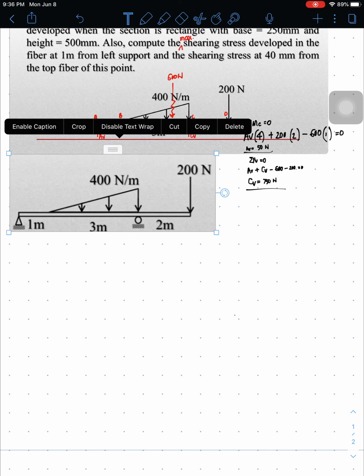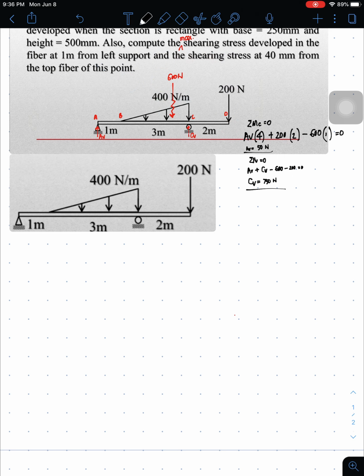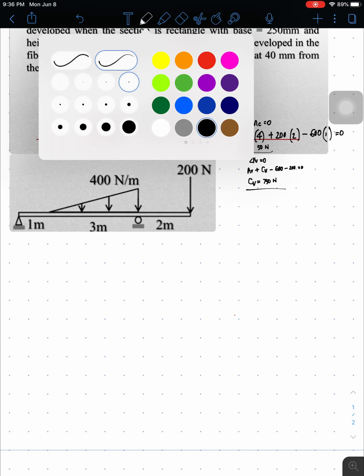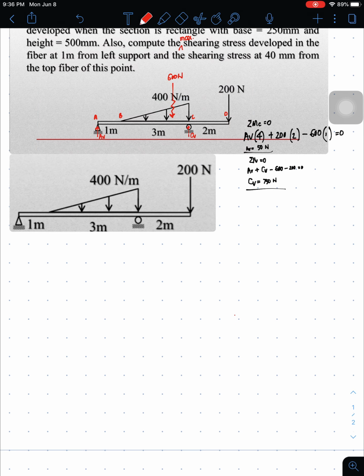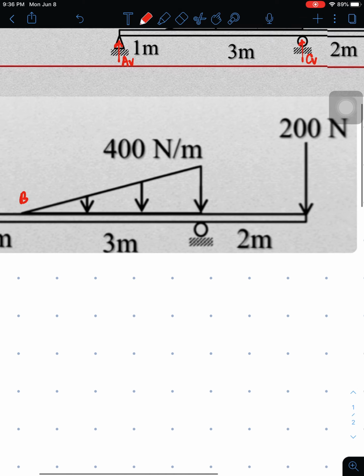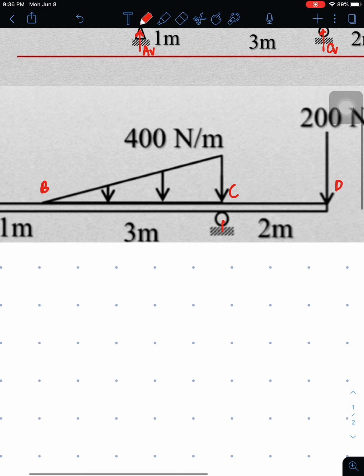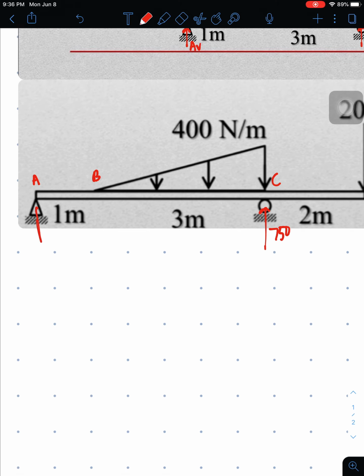Okay, and I'll drop down a line. This is for A, this is for B, because I forgot to write here, and D, and then here this is 750, and then here this is 50.